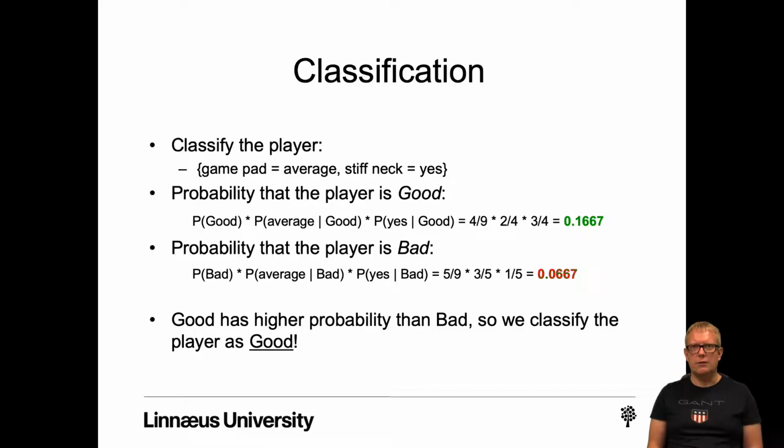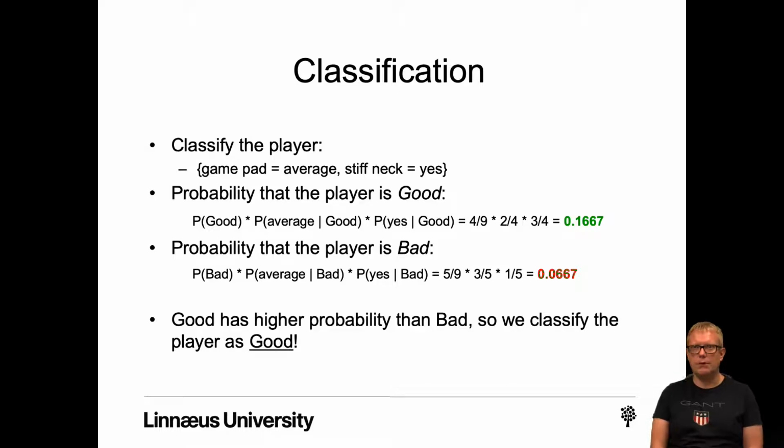Probability that the player is good is calculated as probability of being good multiplied by probability of average given good and multiplied by probability of yes given good. And we just look up all these values in the table and we multiply these 3 values, and the result is 0.1667.